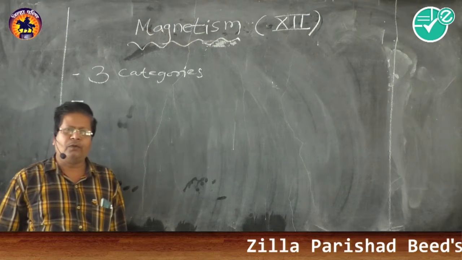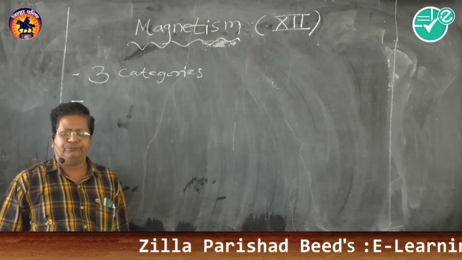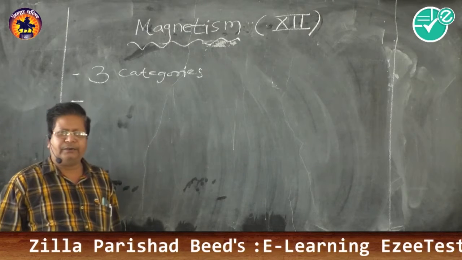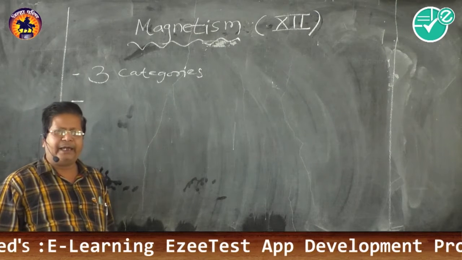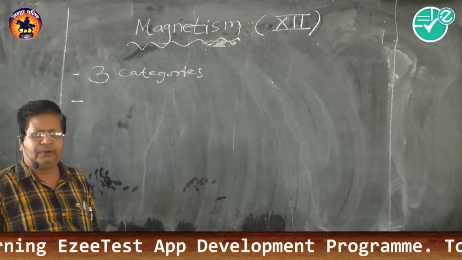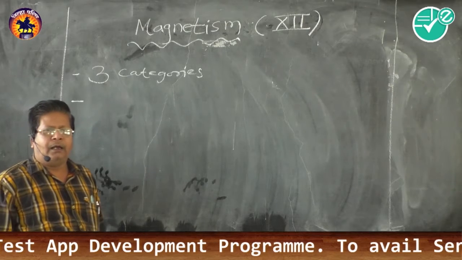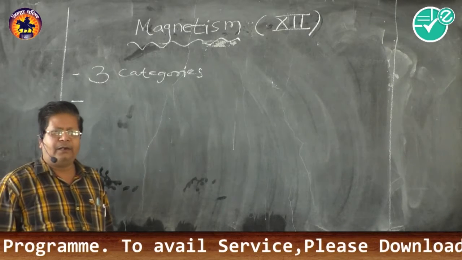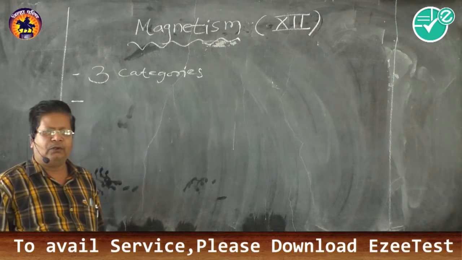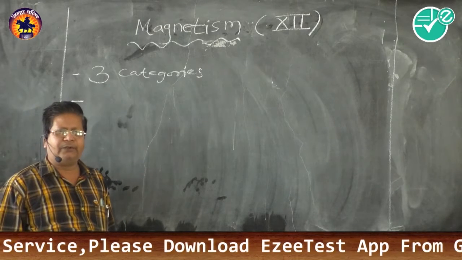Faraday classified different materials again into three groups on the basis of their behavior in a non-uniform magnetic field.